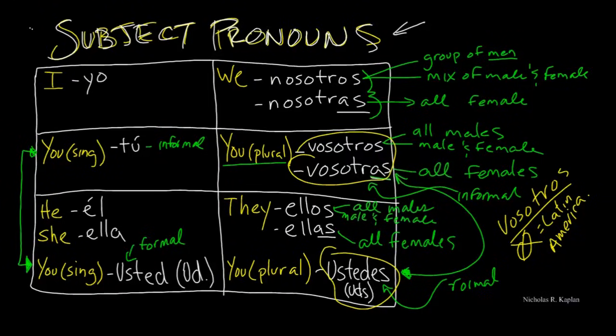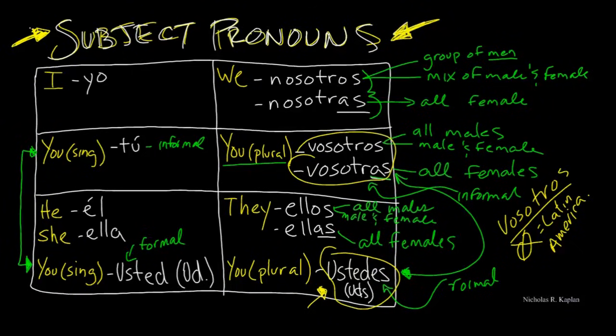But in Latin America, we only have the ustedes form for the plural informal and the plural formal. One final thing to keep in mind is that in Spanish, when we're using the subject pronouns, we use them sparingly. In English, we use our subject pronouns a lot, but in Spanish, the subject is implied with the verb. It's already there, and so you only really use these subject pronouns to clarify.